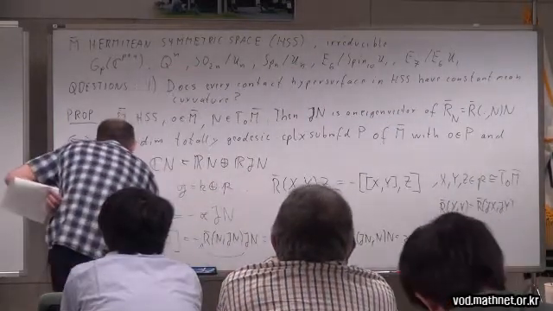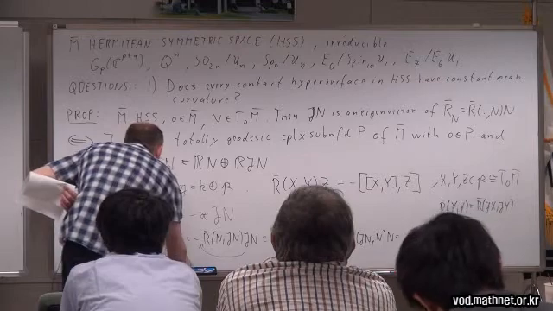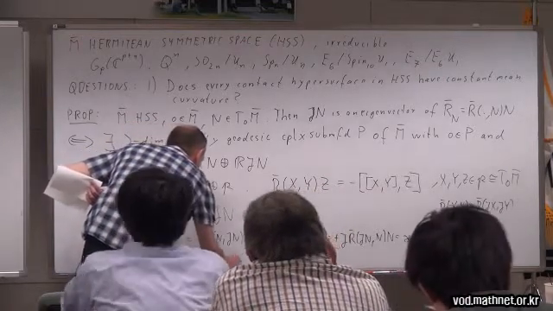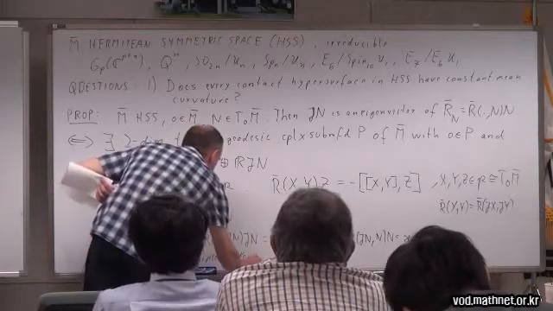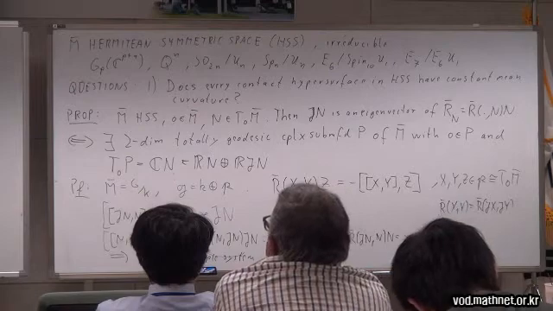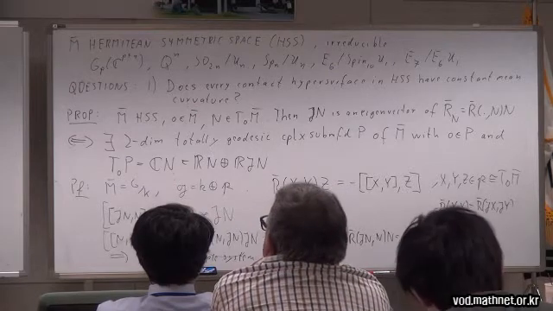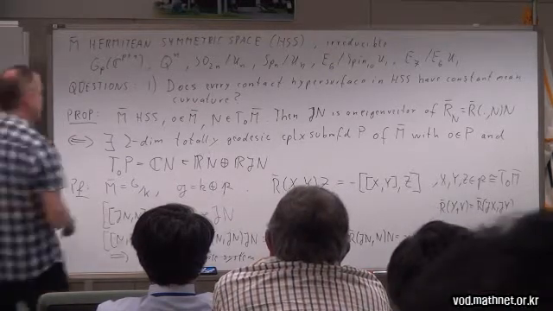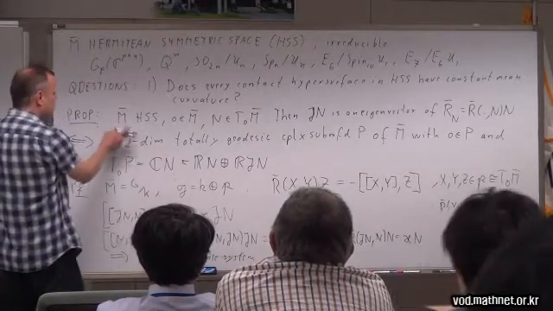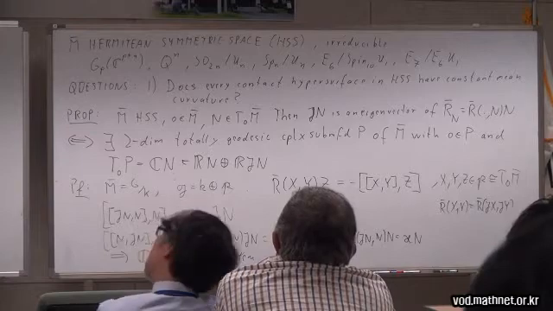So this tells us that Cn is a Lie triple system. So we have a totally geodesic submanifold tangent to it. If this is satisfied, then we have the totally geodesic submanifold, and the converse is easy.